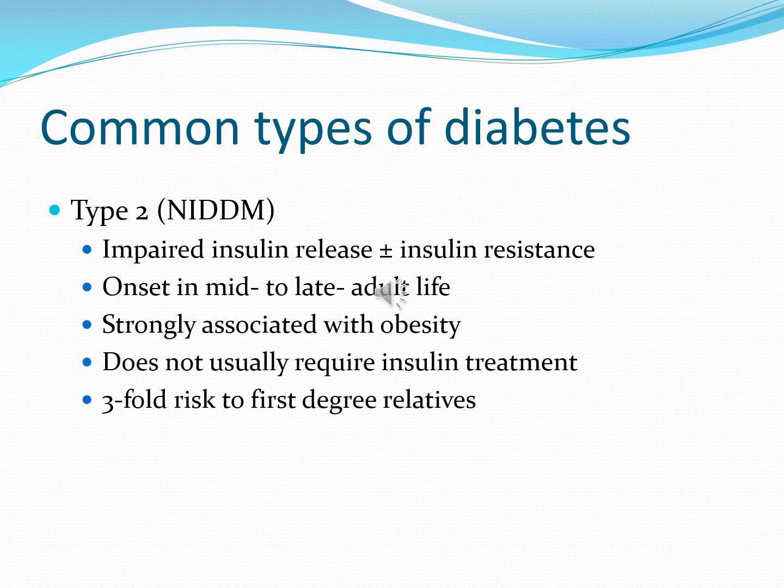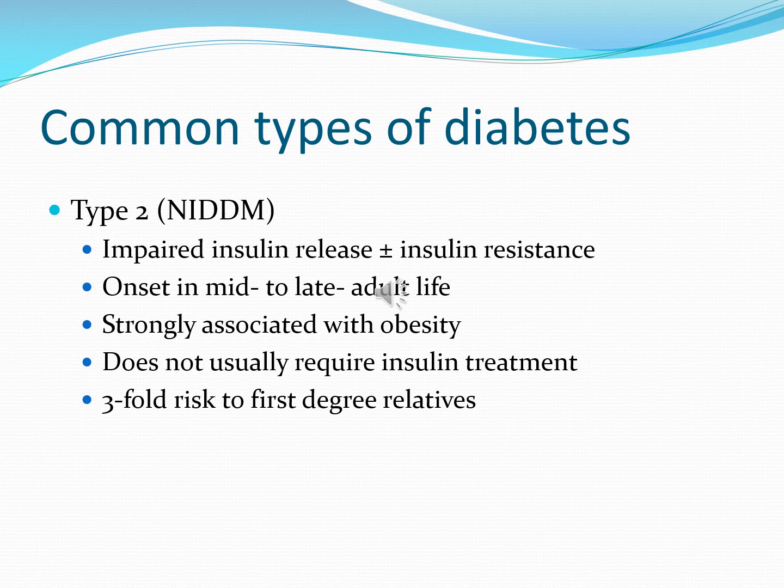So type 2 diabetes mellitus, so it's non-insulin dependent diabetes mellitus, but again, probably drop those terms now, is due to impaired insulin release. Okay, so the pancreas may not release insulin appropriately, but also insulin resistance.